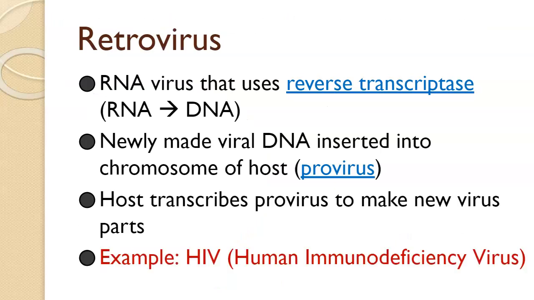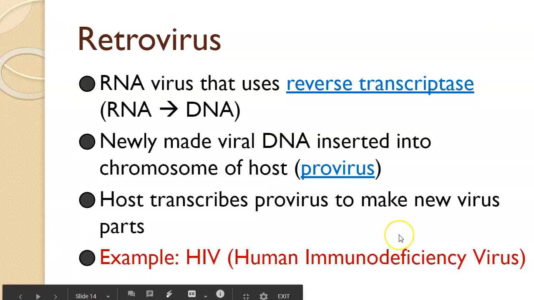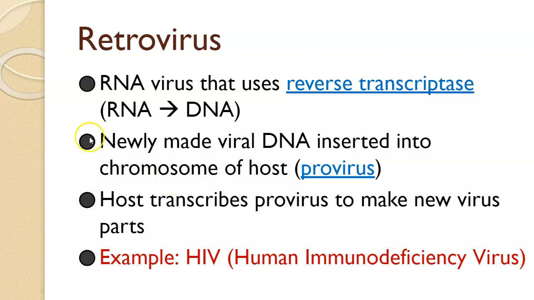Another term that might be of note is something called a retrovirus. Retroviruses use RNA. You can never really copy anything in RNA, so it always has to kind of take its RNA and turn it into DNA. That process is called reverse transcription, and the enzyme that does it is reverse transcriptase.